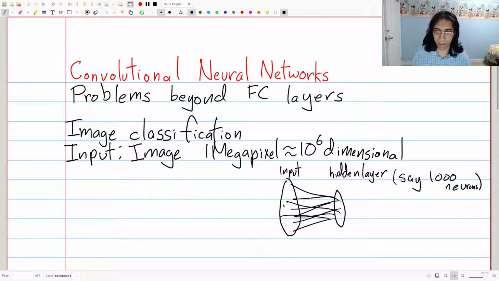But just for the single layer which connects a 1 megapixel image to a 1,000 neuron hidden layer, how many parameters would this have? It would have exactly one for each edge. And how many edges are there? It's just the number of inputs times the number of outputs, because each pair is connected. That would be 10 to the 6 times 10 to the 3, which equals 1 billion parameters.